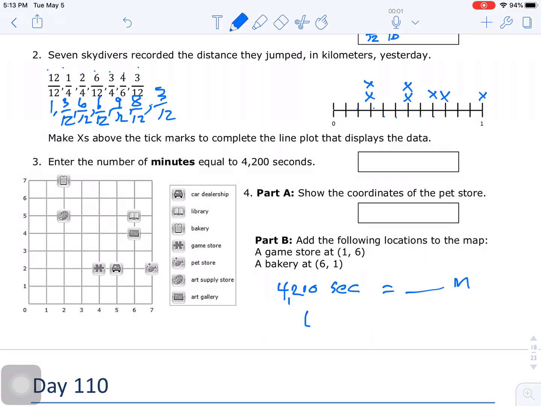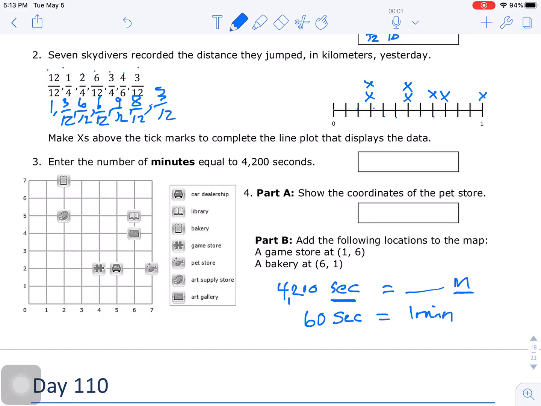Well, I know that 60 seconds equals 1 minute. I also know that when I go from a smaller unit of measure to a larger unit of measure, smaller unit to larger unit, I divide.